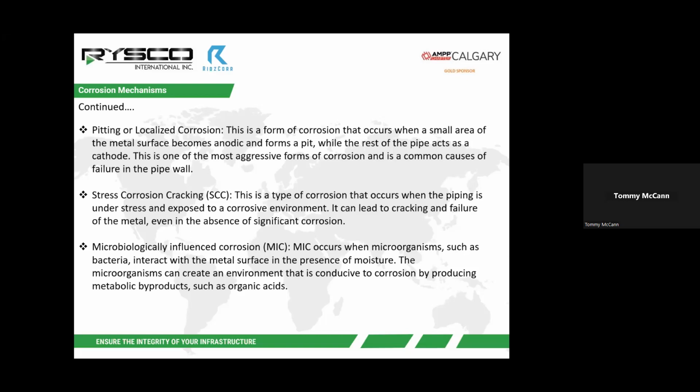These microorganisms or bugs have a metabolic byproduct. Usually, an example would be organic acids. So these colonies, once they form, can very rapidly lead to pitting or localized corrosion.